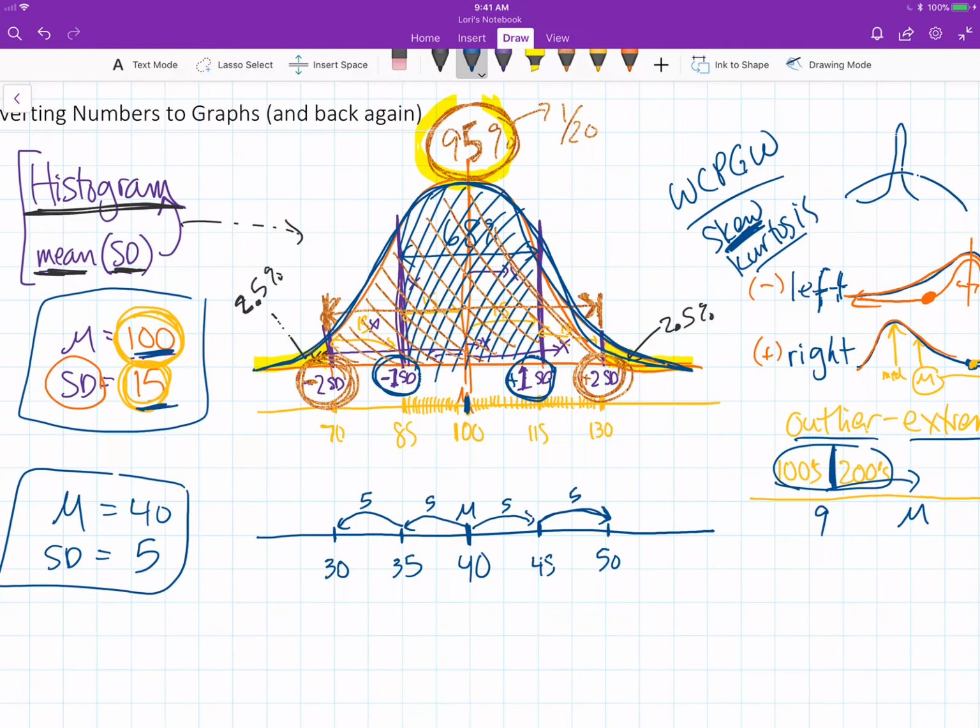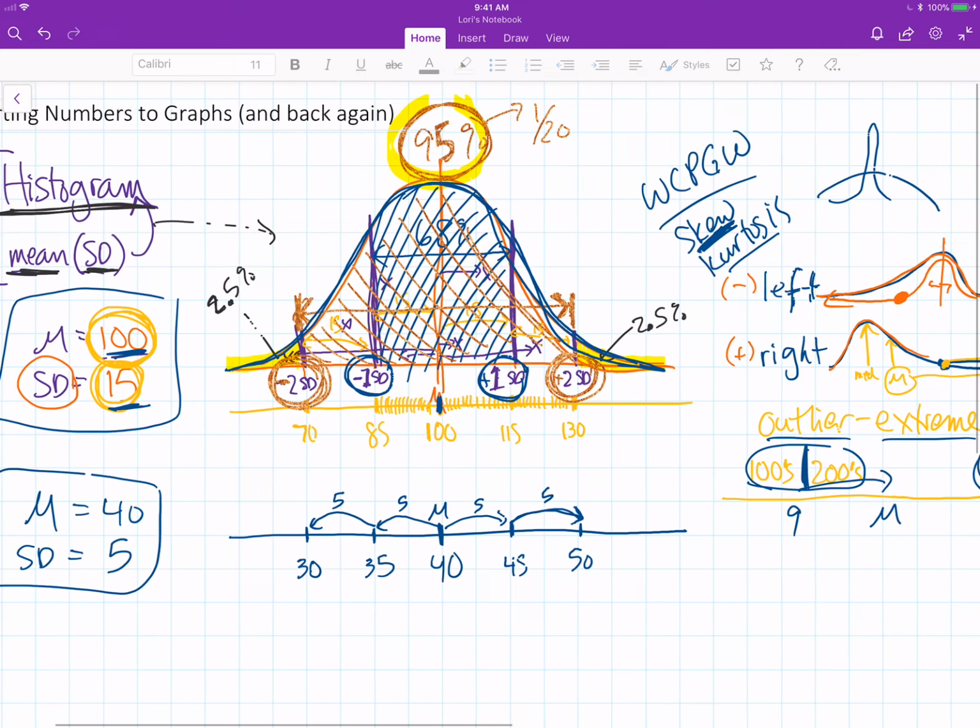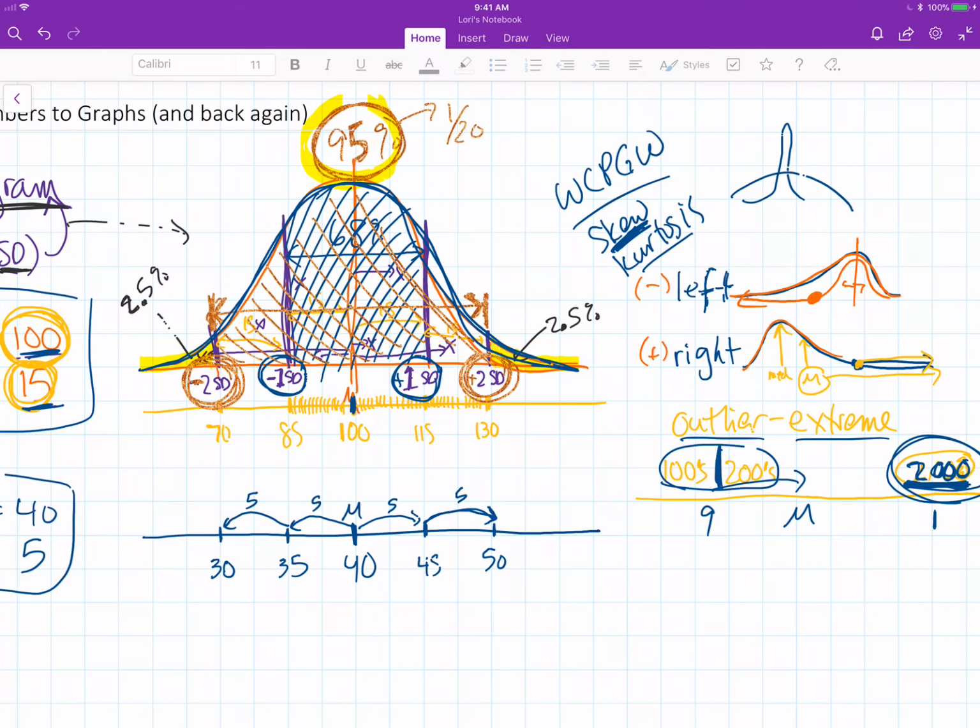And so we just need to be really careful when we're saying the mean is this and the standard deviation is this, that we also take a look to see if we have skew or kurtosis or some extreme outlier situation, because then the numbers don't give an accurate picture.